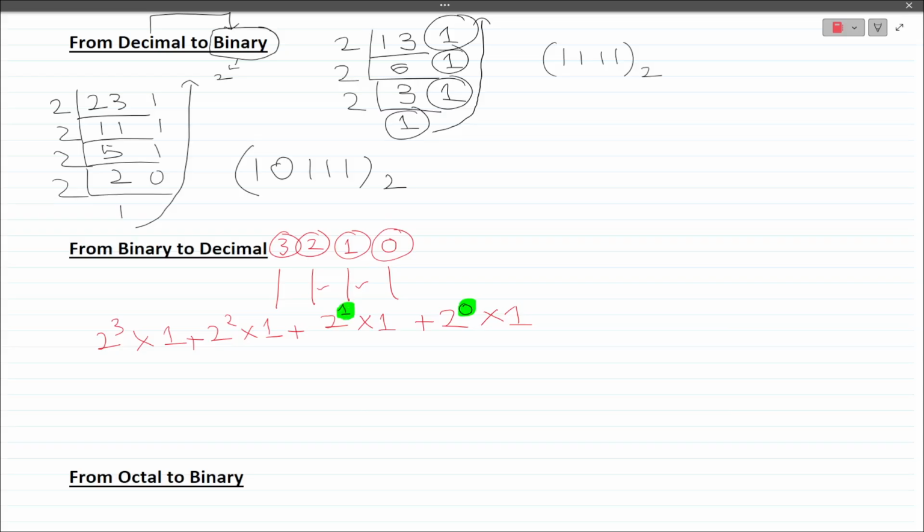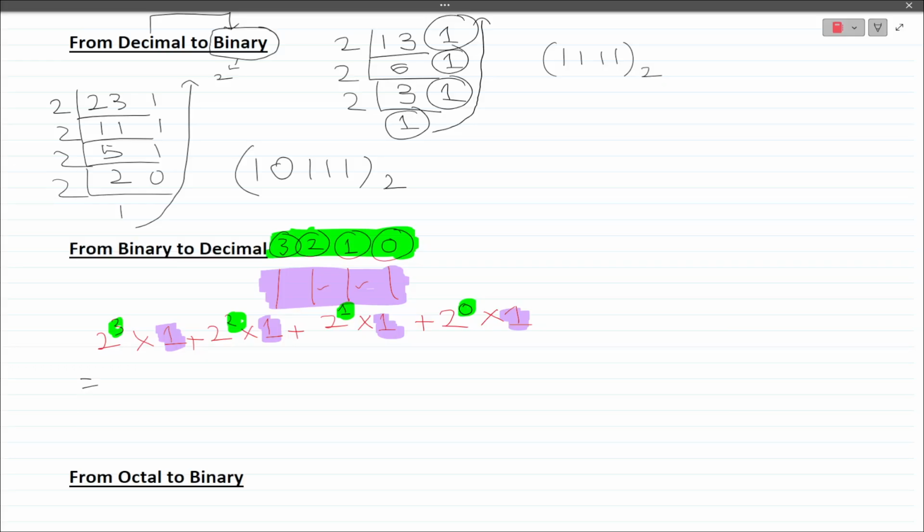These are nothing but my powers of 2. Everywhere I need to number it as provided over here, and I need to multiply with the binary digit present over here. Wherever 1 is present, I have multiplied with that particular binary digit. And at last I will be adding them up, and let's see what result I am getting.